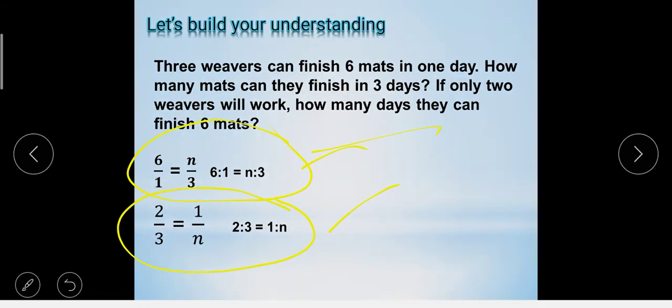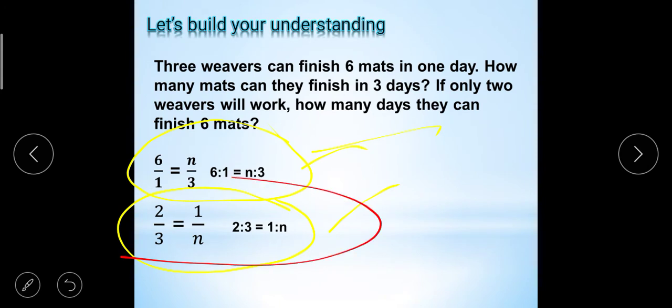So this one, ito po yung ating second example. The reason why it is inverse proportion, kasi di ba the number of weavers is inversely proportional to the number of days. Okay, halimbawa, habang kumukonti yung magtatrabaho or gagawa ng mats, nag-i-increase naman yung number of days na matatapos niya yung the same number of mats na supposed to be matatapos lang sana in a day.